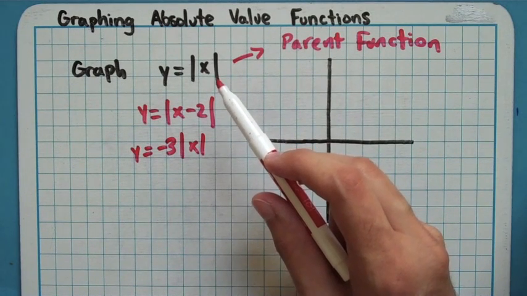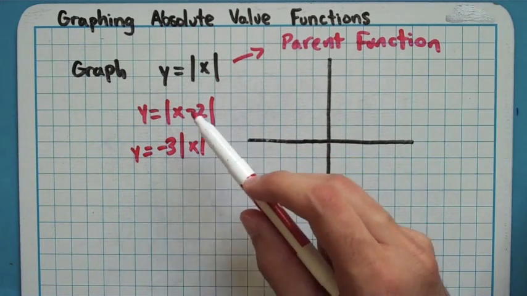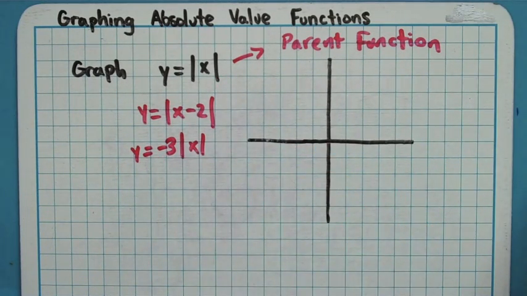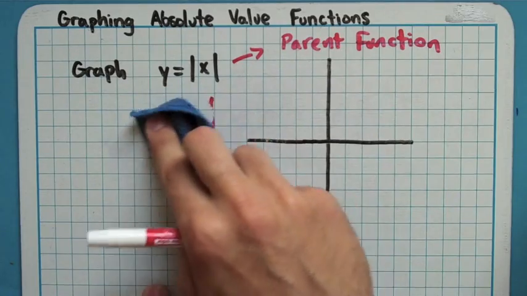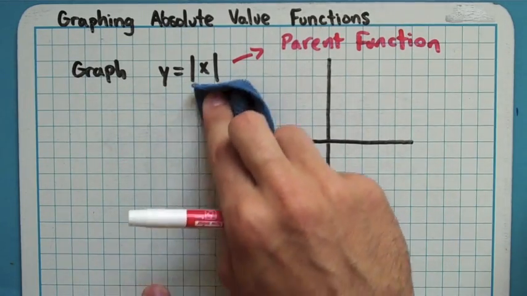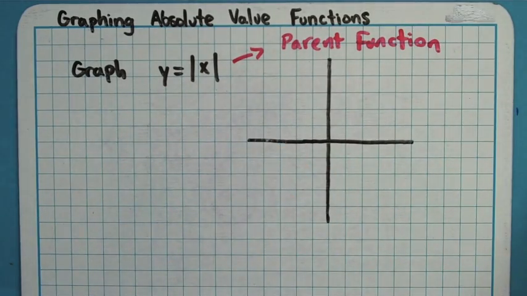If we know what the black graph looks like, we can figure out what these red graphs are going to look like by applying some rules. So it's always good when we start with a new type of graph to figure out what the parent function looks like. And then we'll learn little tricks and shortcuts to graph other things like those red ones I had.